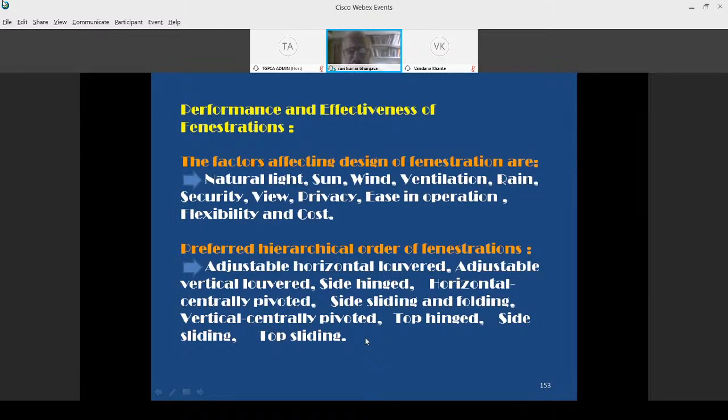Firstly, as I was telling you earlier, if you open it, everything is open, there is no control. If you close it, except the sun, if it is glazed, and the view, other elements will be blocked. Secondly, opening the complete window at any given time is not possible. Only part of the window can be opened because the shutter will be either on this side or that side or in the center.